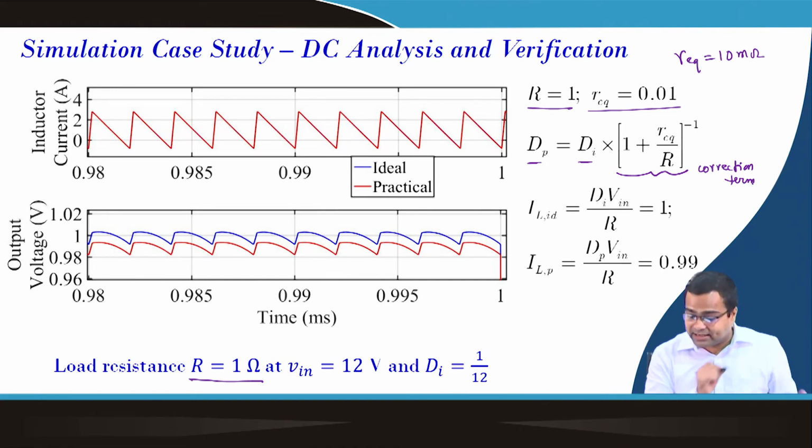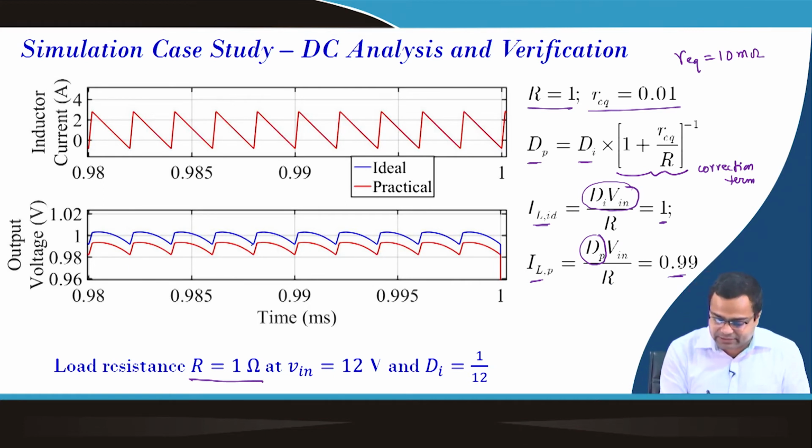Then what is my practical average current? For the ideal average current we know D times V in by R, which is V0 by R, is my average inductor current, and it is 1 ampere. But for the practical inductor current, it is D practical times the input voltage by R, and that is 0.99.